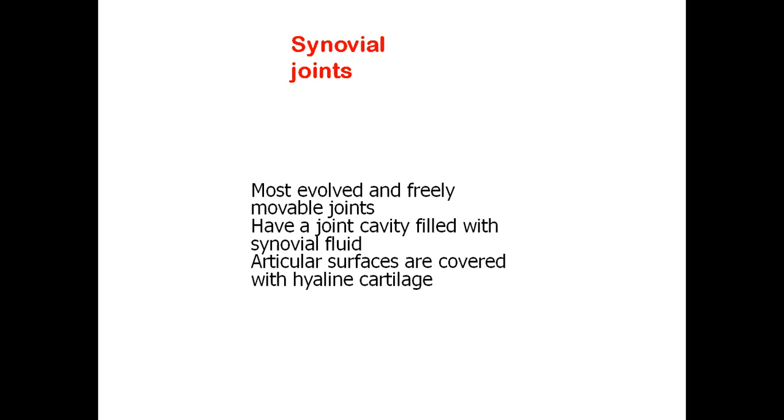They have a joint cavity which is filled with synovial fluid. The fluid present in the joint cavity is called synovial fluid. Articular surfaces of the bones which take part in the joint are covered with hyaline cartilage.